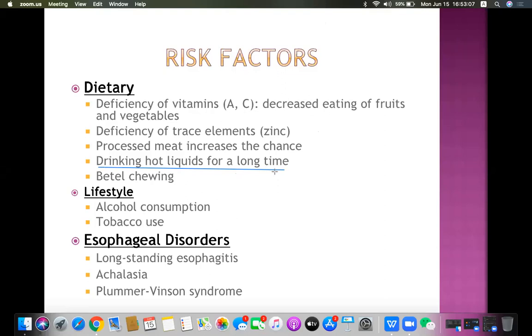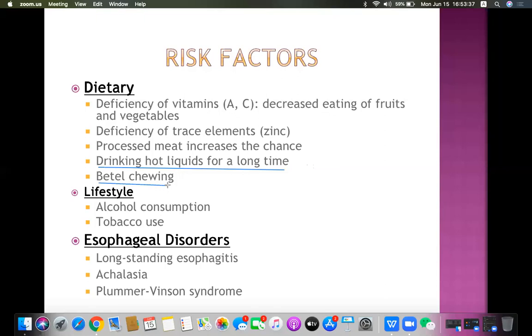So drinking hot liquids for a long time can erode or harm the mucosa of the esophagus, and over a period of time it may turn into malignancy. That is one of the hypotheses. But some people drink hot liquid all the time, isn't it? Like Chinese people, they drink hot water. They don't like to drink cold water like us.